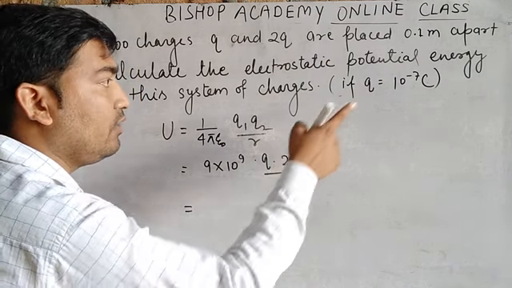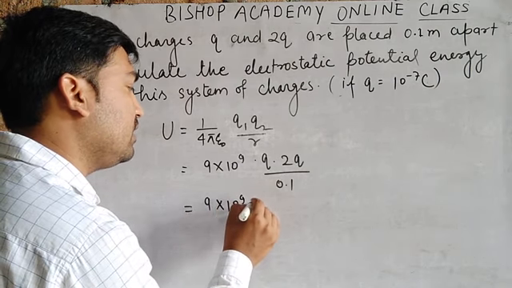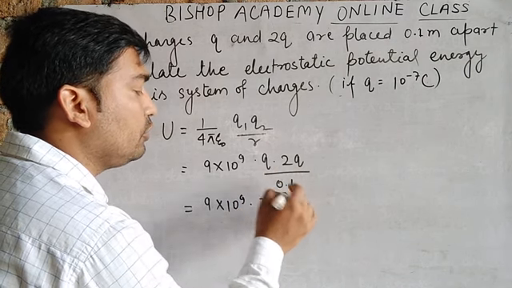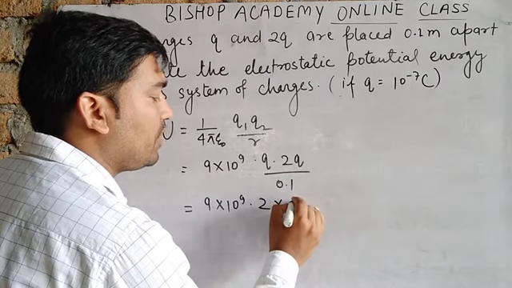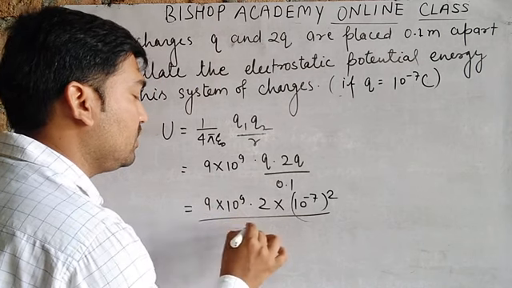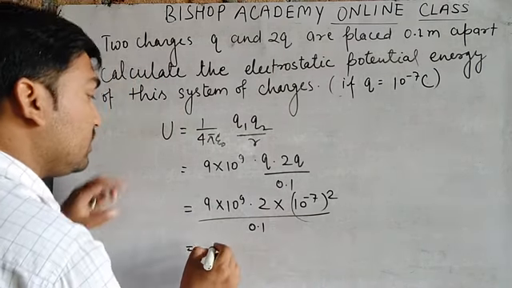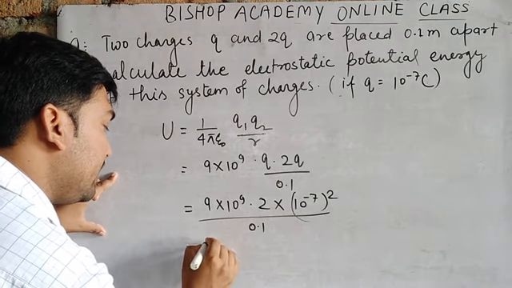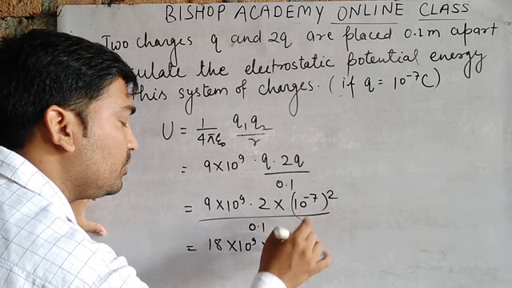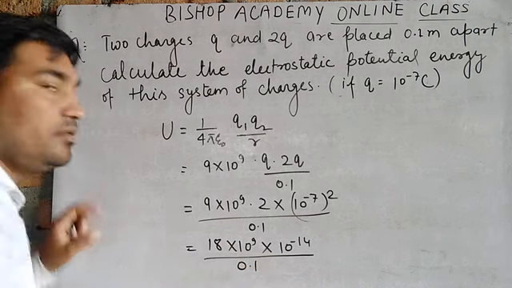Now put the value of Q: 9 into 10 to the power 9 into 2 into Q into Q, Q square, and the value of Q is 10 to the power minus 7, square, upon 0.1. After solving this, 9 into 2, 18 into 10 to the power 9 into 10 to the power minus 14 upon 0.1.